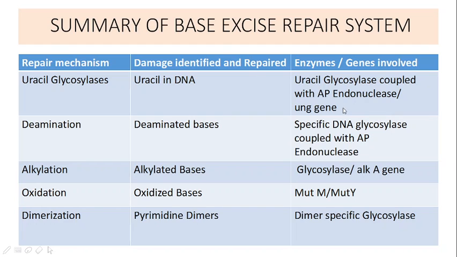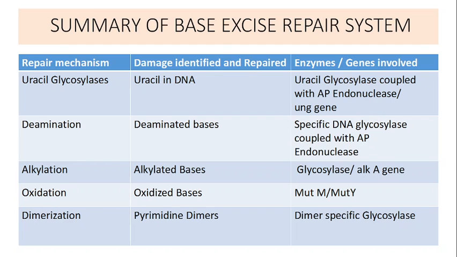AP endonuclease will recognize the apyrimidinic site and cleave the damaged DNA strand adjacent to the lesion to excise the damaged segment of the DNA, so it creates a gap in that defective DNA strand. Then the gap is closed with the correct base: instead of uracil, cytosine will be filled in by the enzyme DNA polymerase.